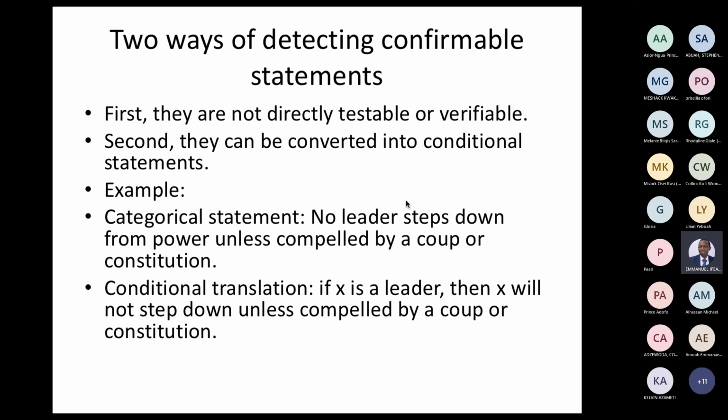The conditional translation would be, if X is a leader, then X will not step down unless compelled by a coup or constitution. So that's how to convert categorical to conditional statements.